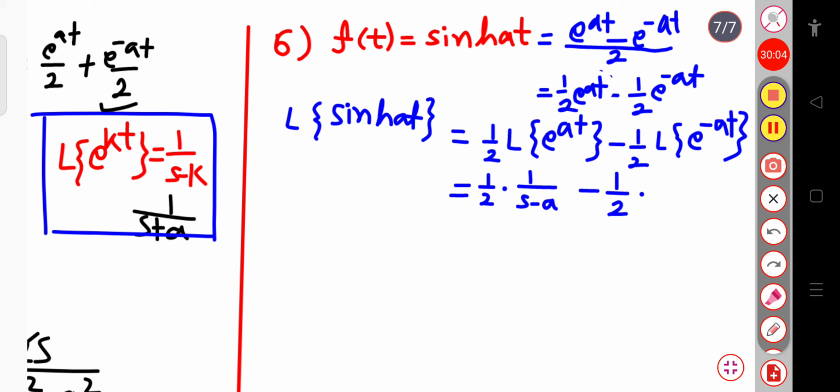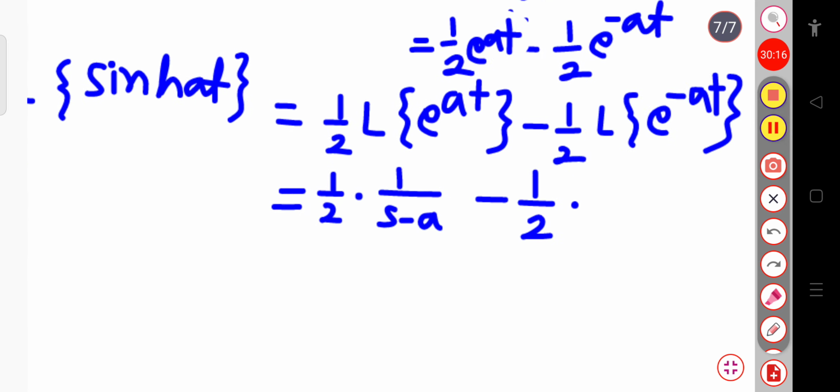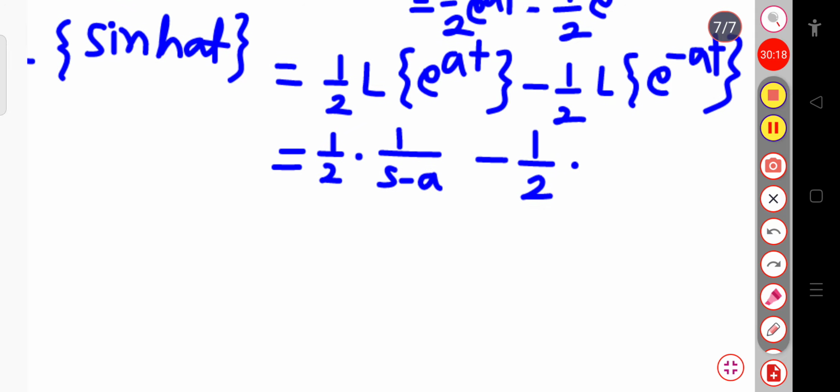In place of k it is minus a, so 1 divided by s minus of minus a, that will be plus a. So this will be equal to 1 by s plus a.